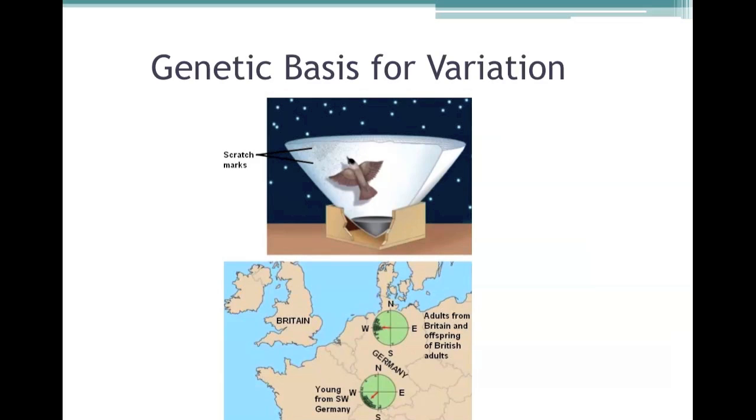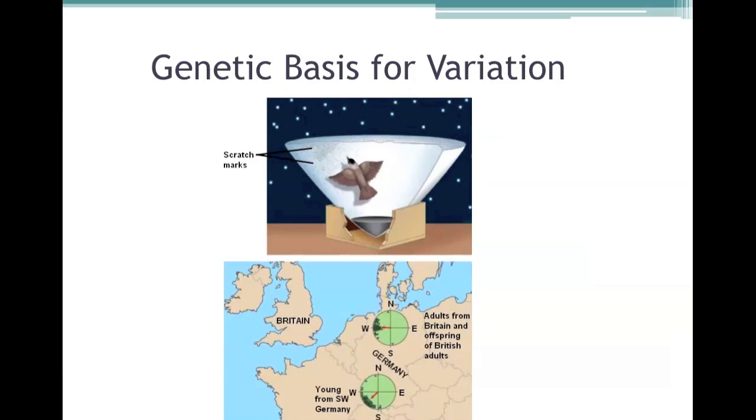So scientists wanted to see if the reason for this was based on some sort of genetic component. They took some of those birds who were wintering in Britain back to Germany. They mated the birds with each other, and they wanted to observe what would happen with their offspring.